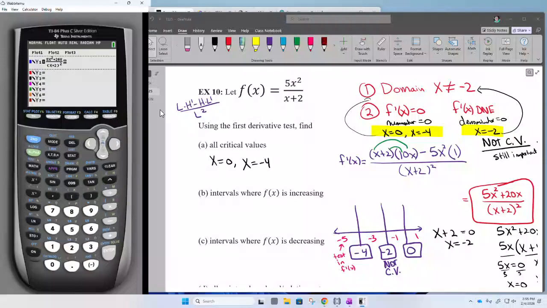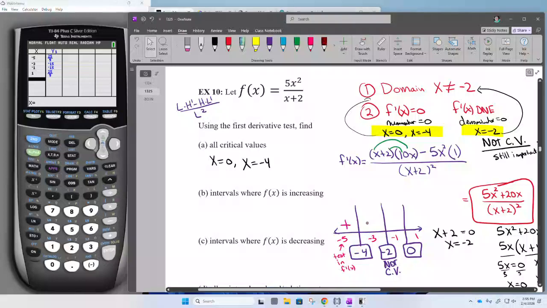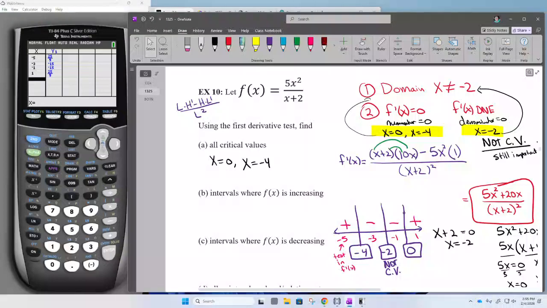Then I'll go to my table, delete what I have in there, and I will type in my test values: -5, -3, -1, and 1. And I get a positive, a negative, a negative, and a positive. So that tells me my function was increasing, decreasing, decreasing, increasing.